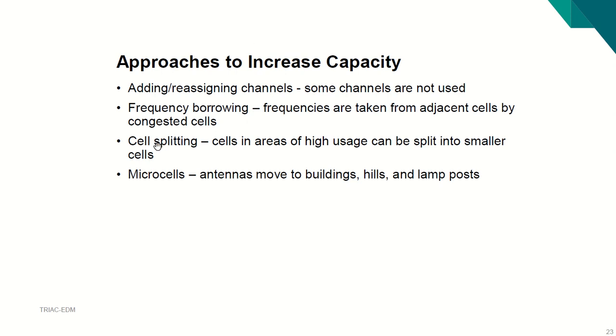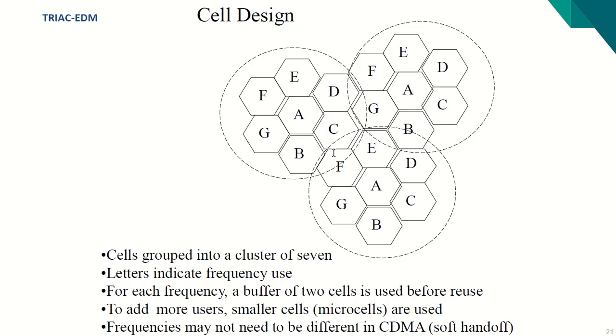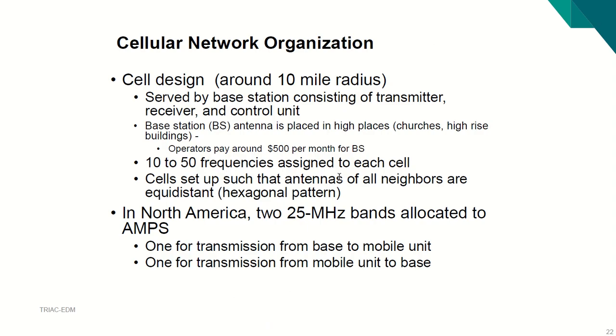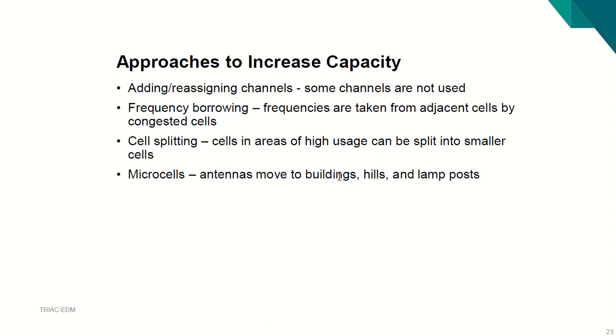Then the next thing is cell splitting. Cells in areas of high usage can be split into smaller cells. So, for example, if F is congested, then it can split into two cells. Then the channels and allocations can be reallocated, redesigned. We now have some flexibilities in terms of those things.